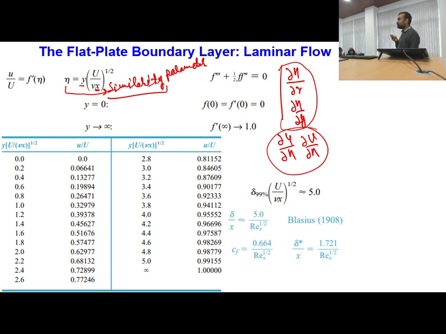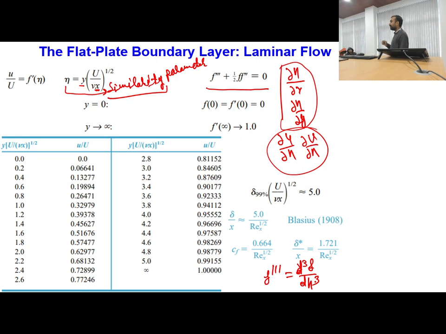Prandtl's boundary layer equations, and if I substitute, I will get only a single equation out of all the terms, and this equation has f triple dash, meaning d cube f by d eta cube. Why am I saying d now? Because the equation has converted from a partial differential equation to an ordinary differential equation.